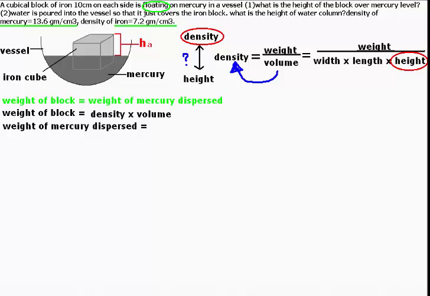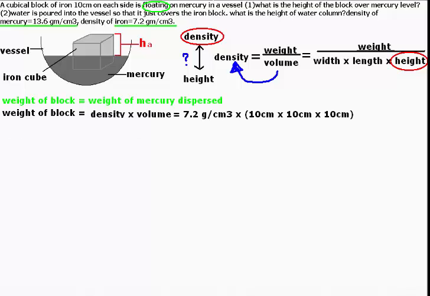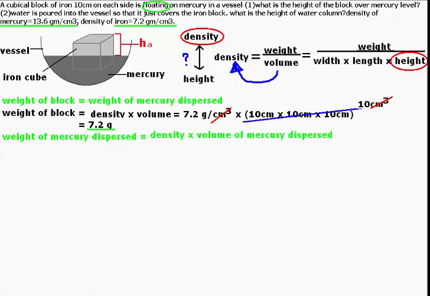Now if we plug in the numbers, we have 7.2 grams per centimeter cubed times the volume, which is 10 centimeters by 10 centimeters by 10 centimeters, which is simply 10 centimeters cubed. This translates to the weight of the block equals 7.2 times 10 cubed grams. Now let's define the weight of mercury displaced, bearing in mind that this weight is defined by the density of mercury multiplied by the volume of mercury displaced.